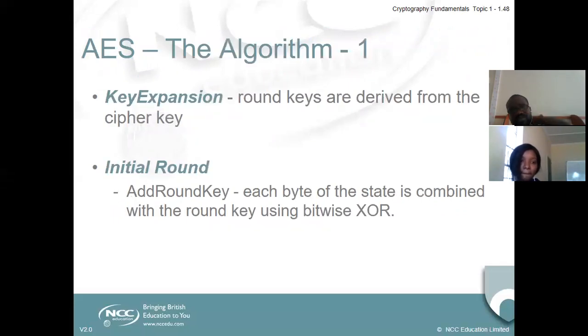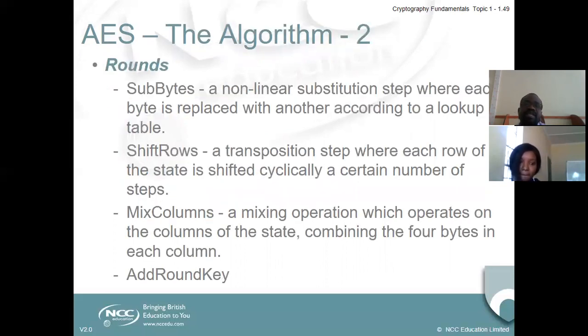So the algorithm will have key expansion and an initial round. Key expansion: round keys are derived from the cipher key. Initial round: add round key, where each byte of the state is combined with the round key using a bitwise XOR. Then the rounds: sub bytes, a non-linear substitution step in which each byte is replaced with another according to a lookup table.